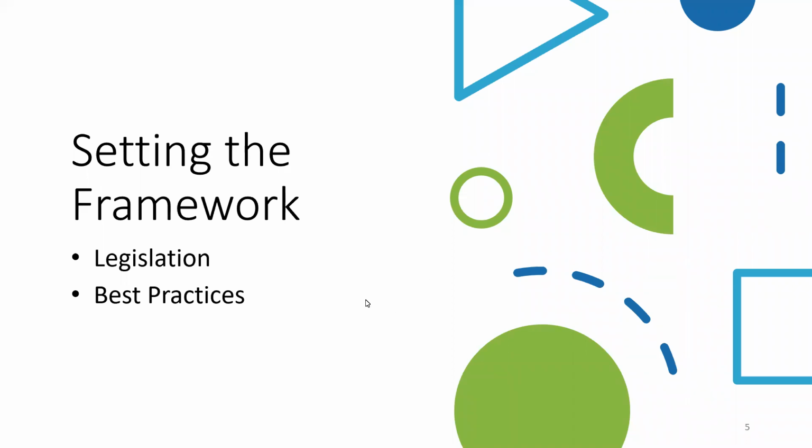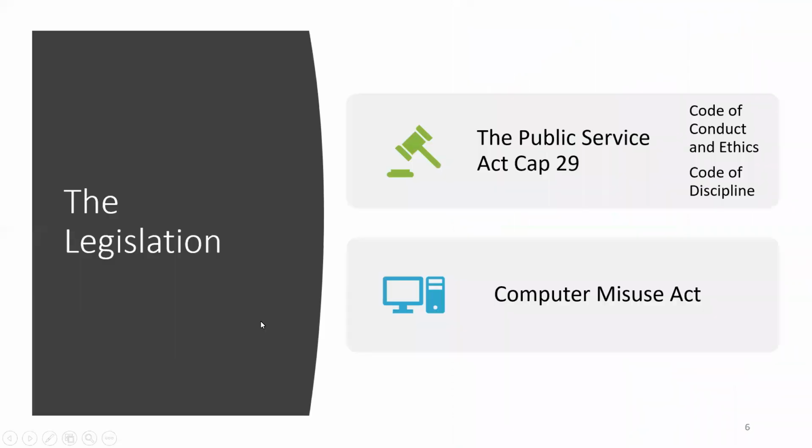The two pieces of legislation are the Computer Misuse Act and the Public Service Act Cap 29. There are two specific pieces of legislation which govern the ICTs, as I would have said.